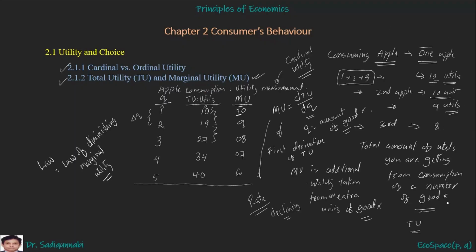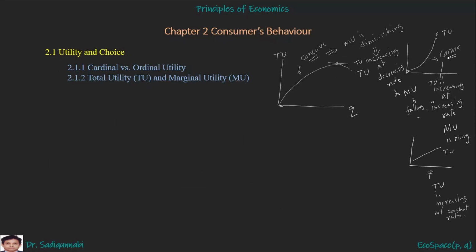So if marginal utility is constant, then 10, 10, 10, 10, 10, not 10, 9, 8, 7, 6, then total utility is increasing at a constant rate. But if it is 10, 12, 13, 14, 15, then it is increasing at an increasing rate.